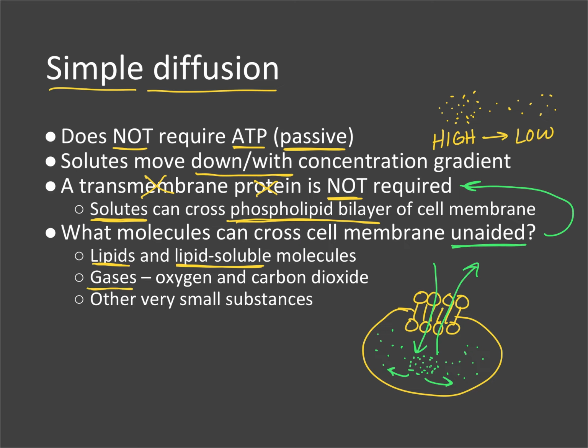Also our gases, so things like oxygen, and remember oxygen is O2 and carbon dioxide is CO2, and those can go right across the cell membrane without any help. And then other very small substances are going to move across the cell membrane using simple diffusion. So if it can cross the phospholipid bilayer, then it can move by simple diffusion.